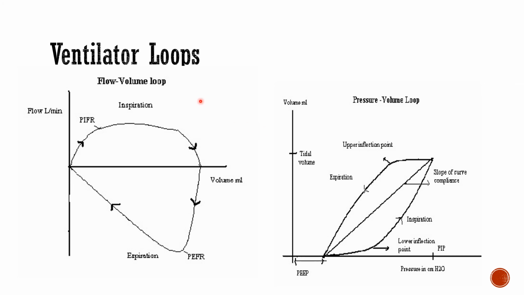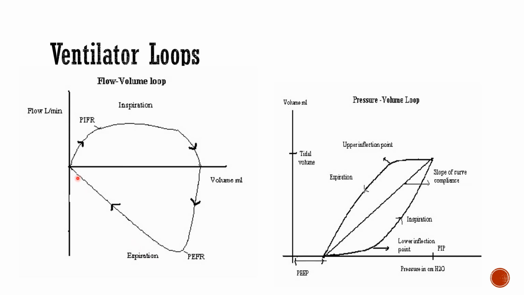So in the flow volume loop, as we can see here, initially we start with zero flow, and during inspiration the flow gradually increases until mid-inspiration, where the peak inspiratory flow rate is achieved, following which there is a decrement in flow. And during expiration, the peak expiratory flow rate is actually achieved during the initial half of expiration and further reduces to zero again.